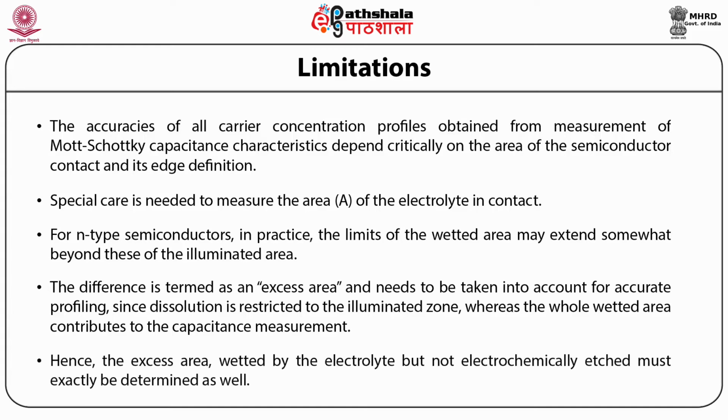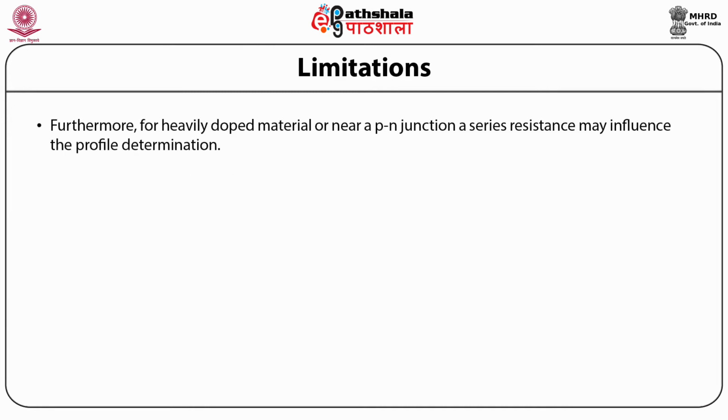Hence, the excess area wetted by the electrolyte but not electrochemically etched must be exactly determined as well. Furthermore, for heavily doped material or near a p-n junction, a series resistance may influence the profile determination.